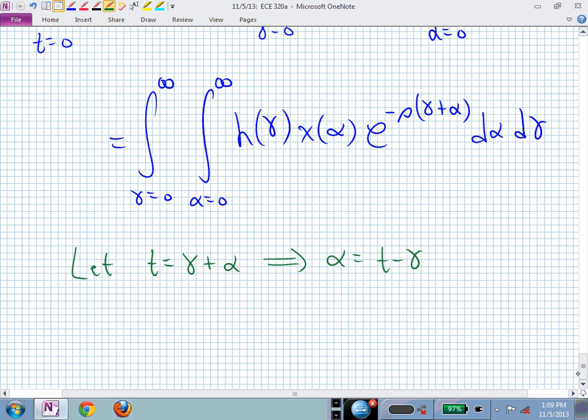Now if I hold alpha fixed, no, I don't want to hold alpha fixed. Let me hold gamma fixed.